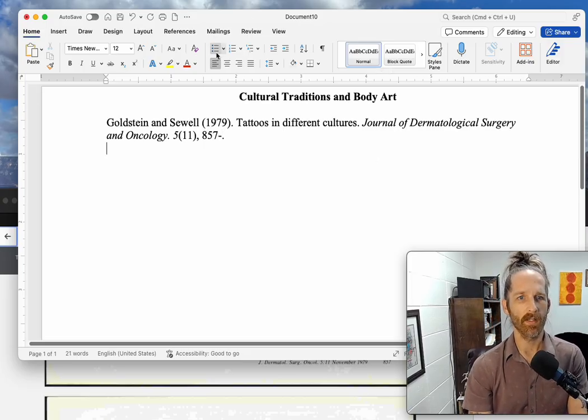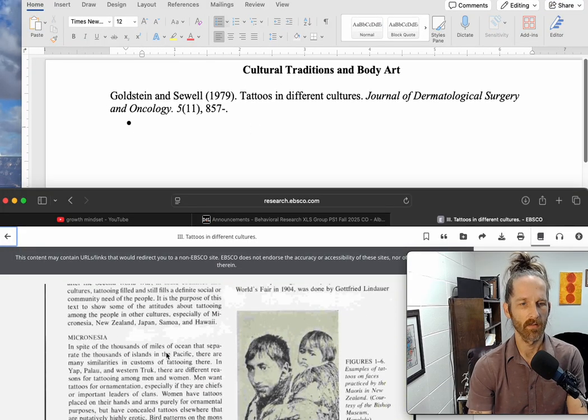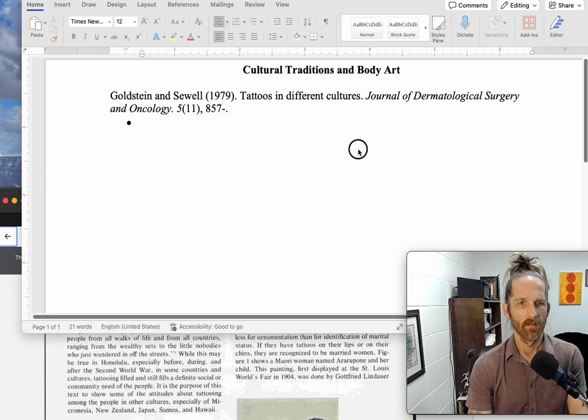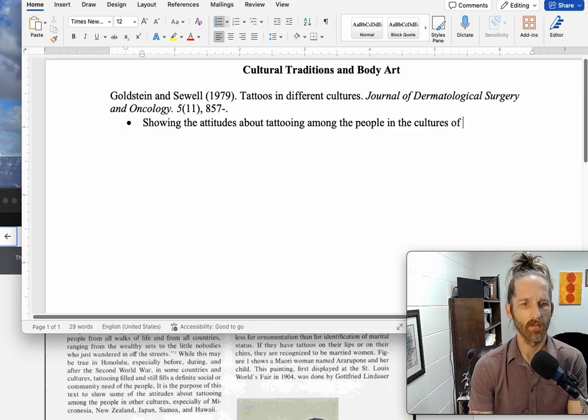But what's important is that I rip the article, and the article is about showing the attitudes about tattooing among the people in the cultures of New Zealand, Micronesia, Samoa, and Hawaii.